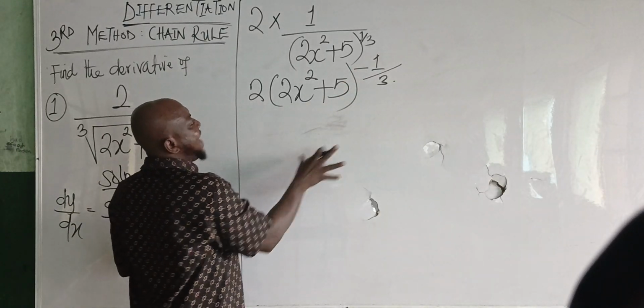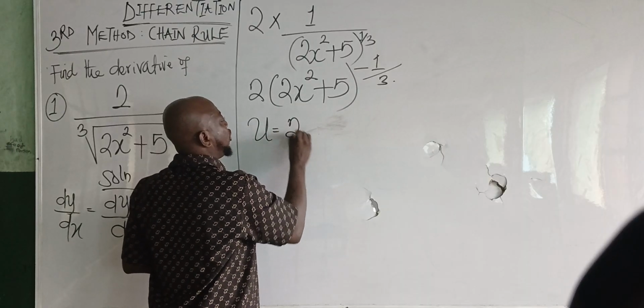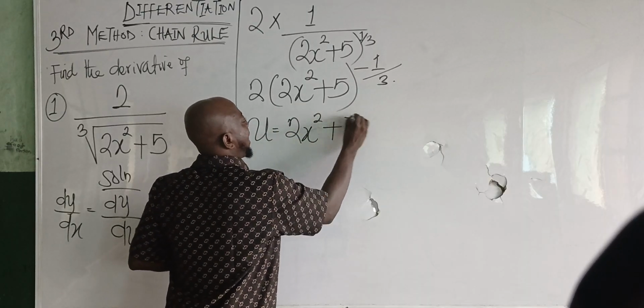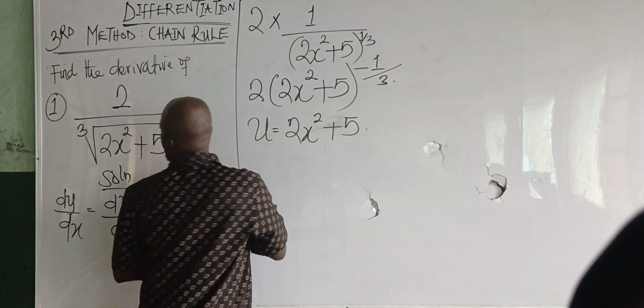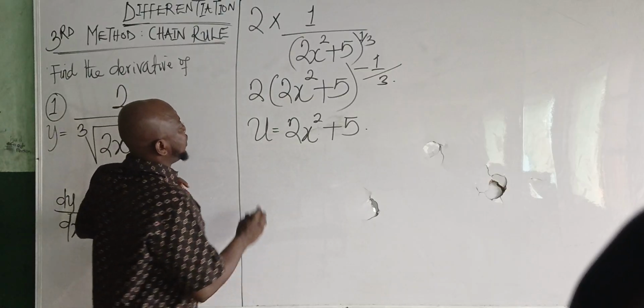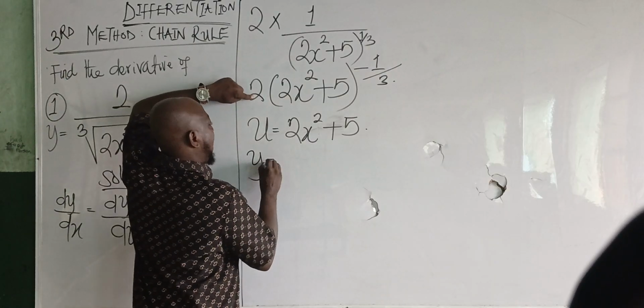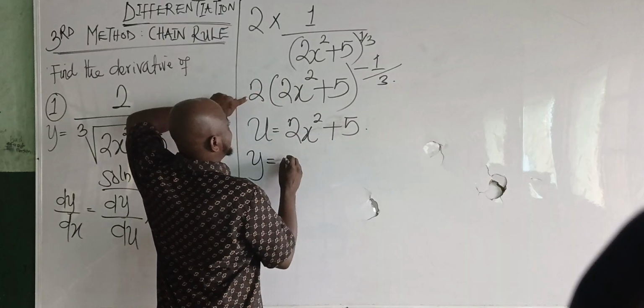So what do we do next? I already told you that everything in this bracket becomes the value for u. Everything in this bracket is my u. And next up, if that is true, this is always equals to y. So y becomes 2 into everything in the bracket.